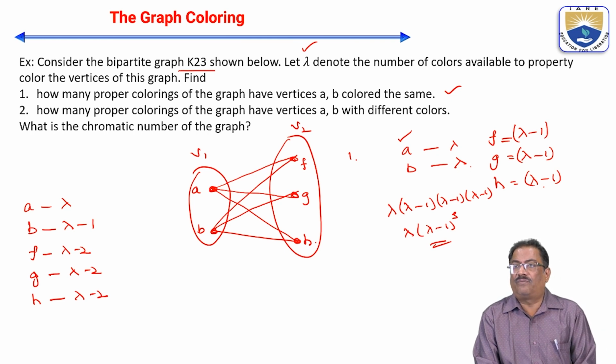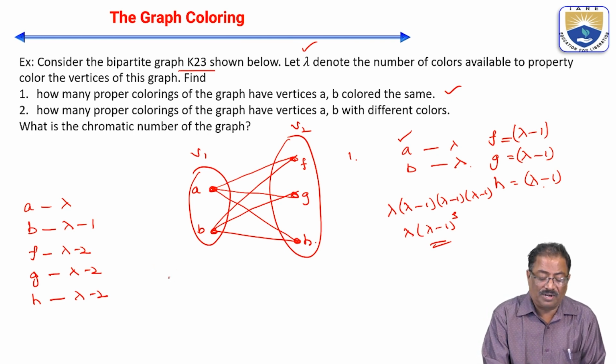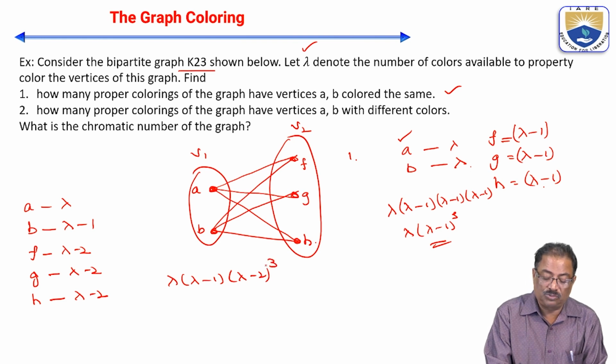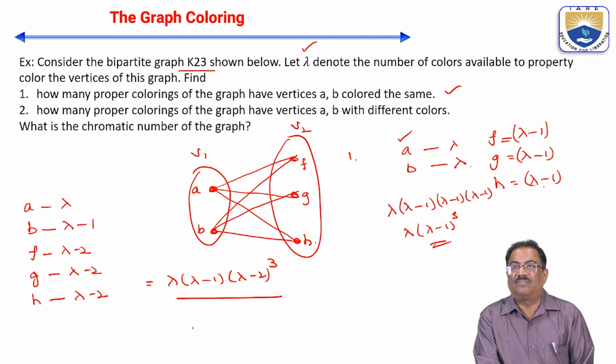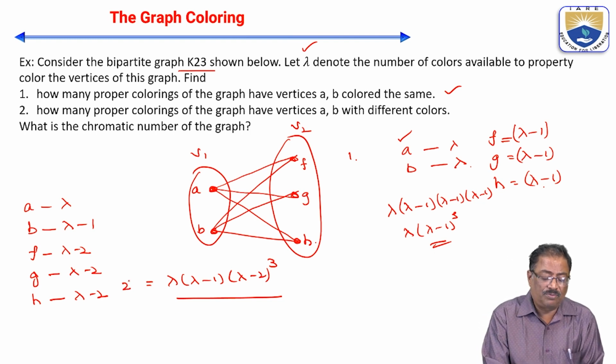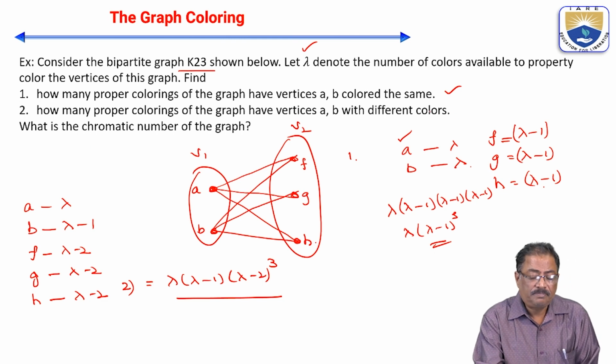So the total number of ways is lambda into lambda minus 1 into lambda minus 2 cubed. This is the total number of ways to assign different colors for A and B.